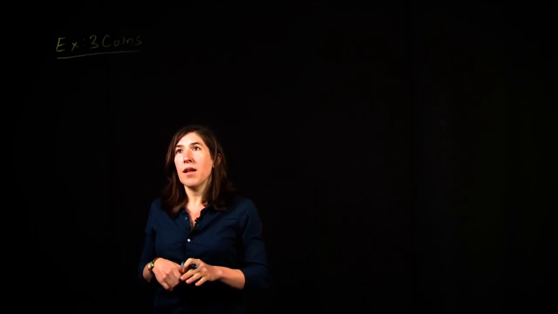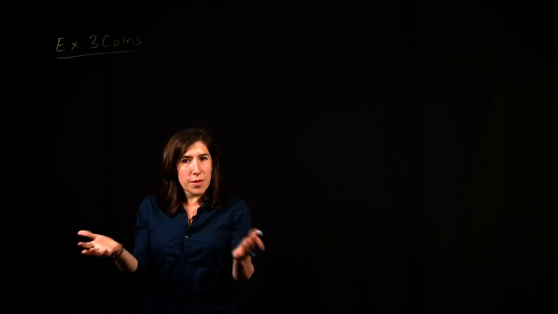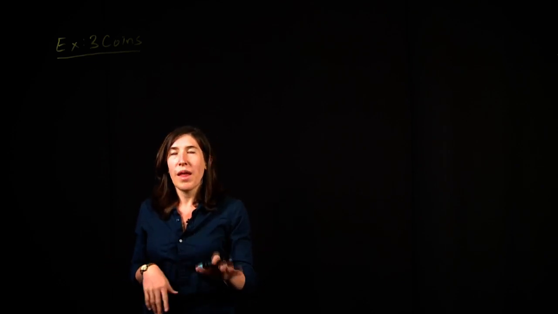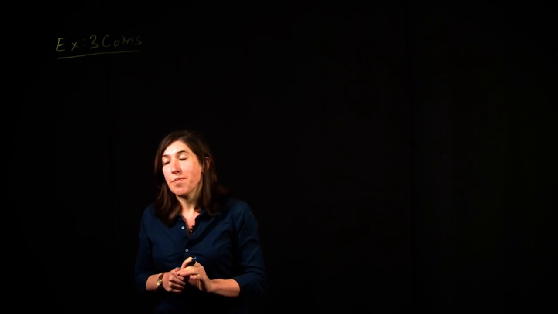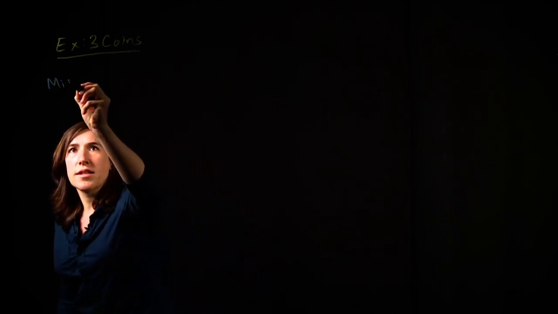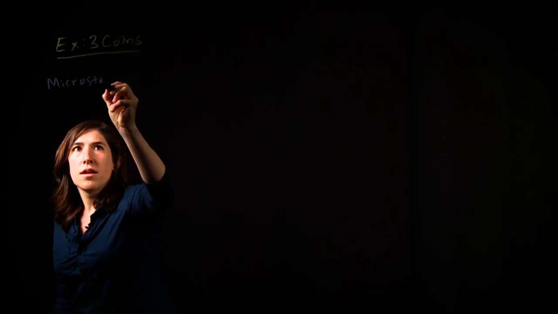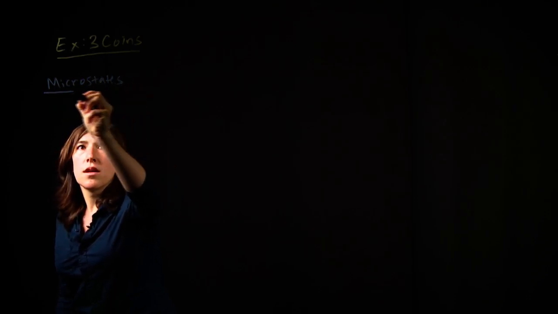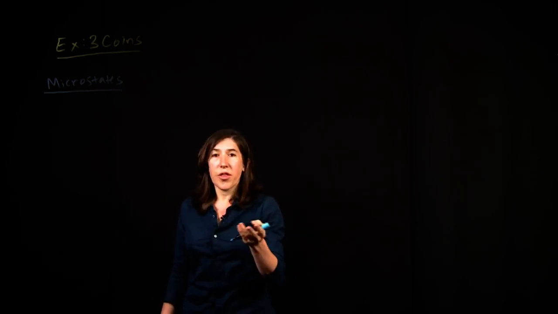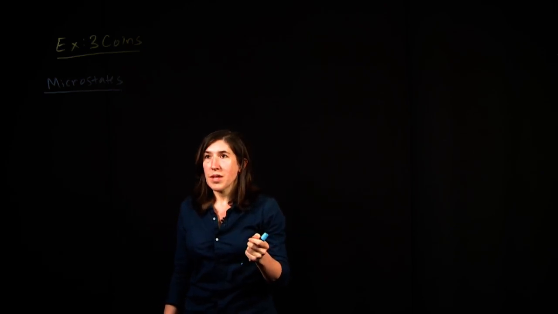That works equally well. But for now, we've all dealt with flipping coins before, so we're going to stick to this more tangible example of coin flips. So let's write down all of the microstates that you could have that would be associated with your 3 coin flips.